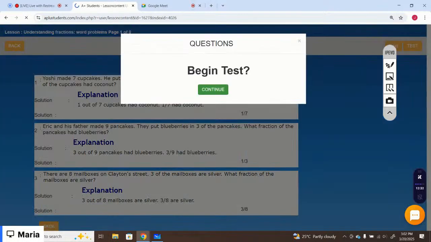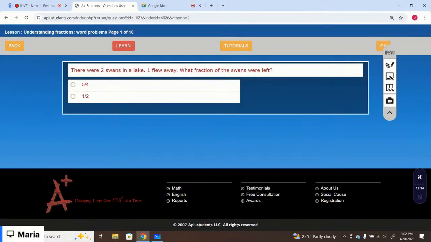Let's just start with the test. There are 2 swans in a lake. One flew away.